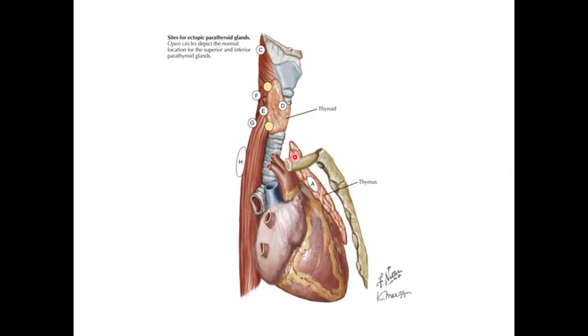But you can end up with parathyroid glands implanted on your thymus as well, because your thymus is yet another structure that moves into place. It moves on the sides because it's another one that originated from your pharyngeal pouches, and it moves down and settles on top of the heart.